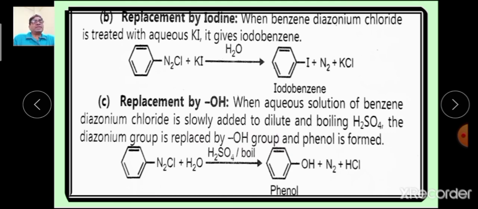This is the reaction of benzene diazonium chloride in the presence of sulfuric acid. This is hydroxybenzene, that is phenol, with the elimination of N2. And therefore, all these reactions are those in which the N2Cl group is replaced.